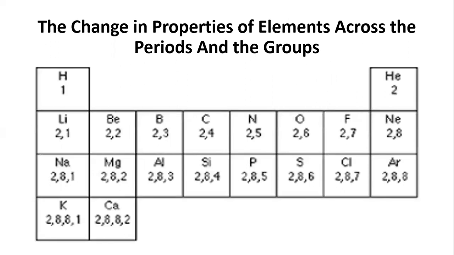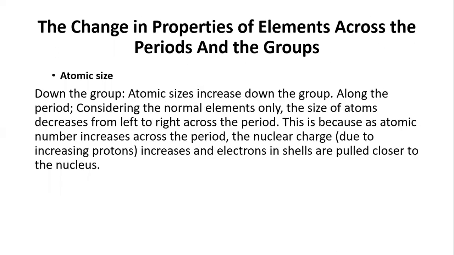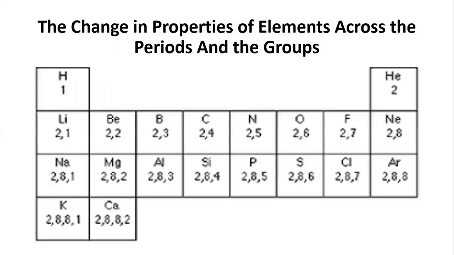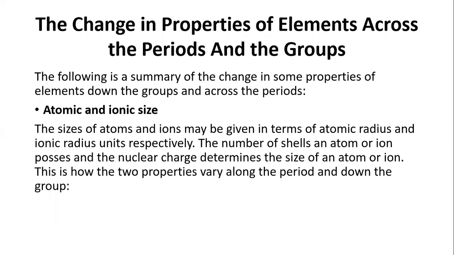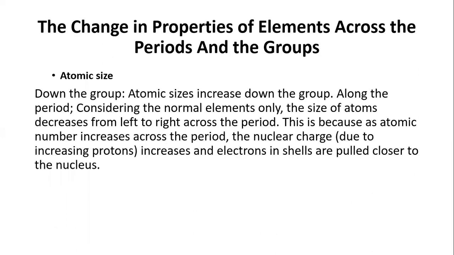As you can see, there is an increase in the number of shells, so the atomic size increases down the group, starting with the first group that consists of hydrogen, moving on to the next group. So if you move further down the group, the atomic size increases.